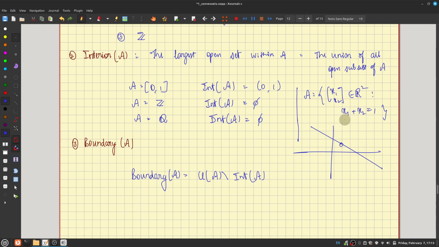Let me add some more constraints. Say that x1 should also be between 0 and 1, just for the sake of it. So the set will in fact be this line segment.